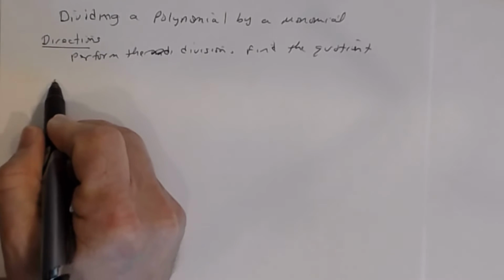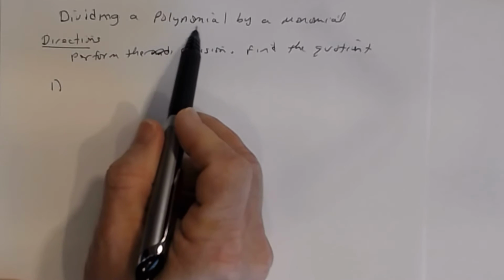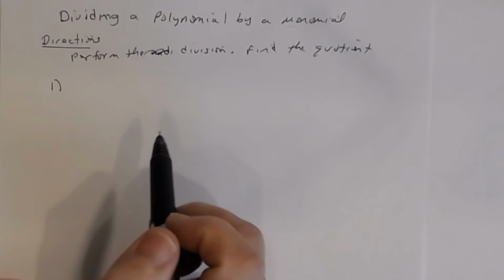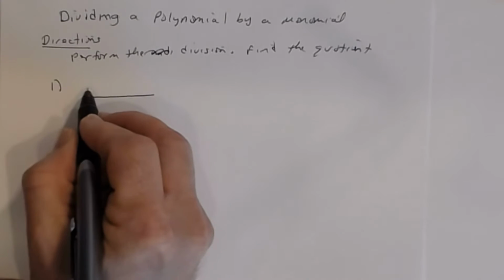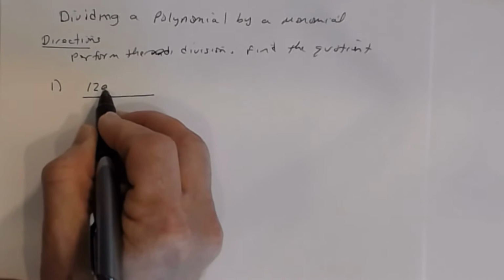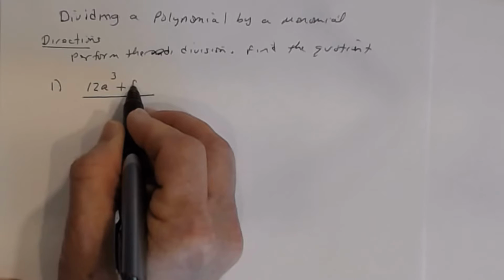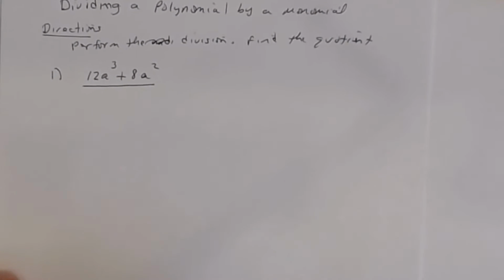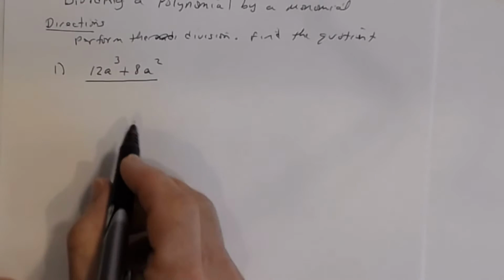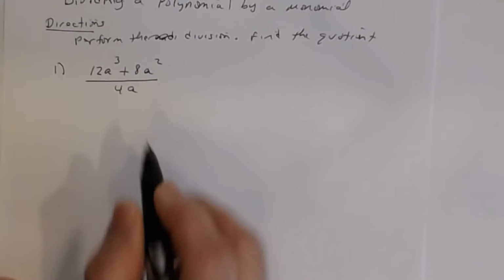Here's an example of a polynomial being divided by a monomial. So the numerator, let's say, is 12a cubed plus 8a squared, and the denominator, let's say, is 4a.